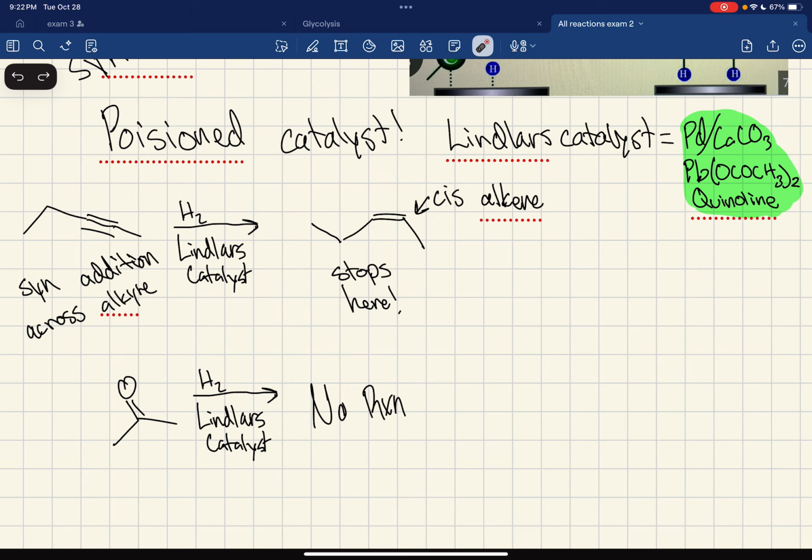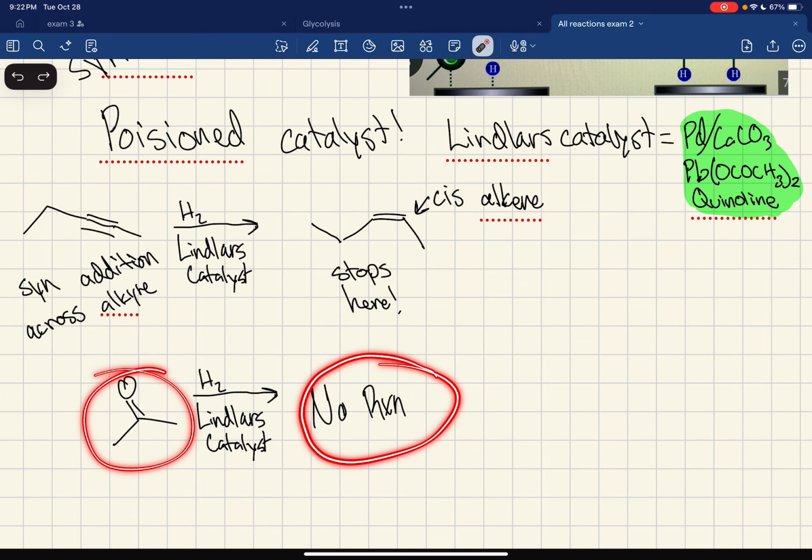And because it's syn addition, it's going to stop with the cis alkene, because you can think of the hydrogens being added like that, syn to each other or cis to each other. So it's going to stop at the alkene. With the carbonyl, it's not going to do much.